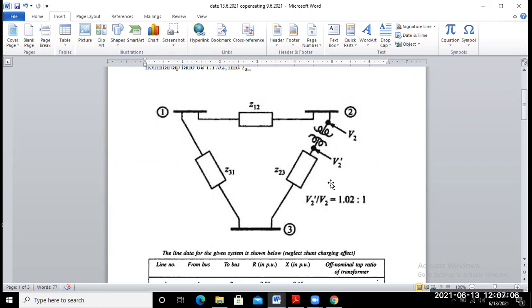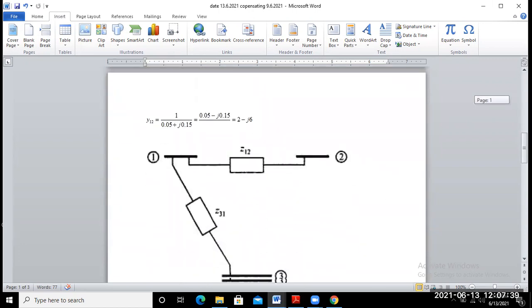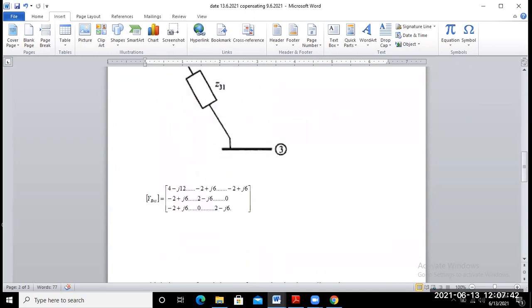So I have already derived all the Y bus elements of these three Y bus admittance matrices, that means 3 by 3 matrix order, and then after the connection between bus number 2 and 3 with the help of the regulating transformer, just add the new element.